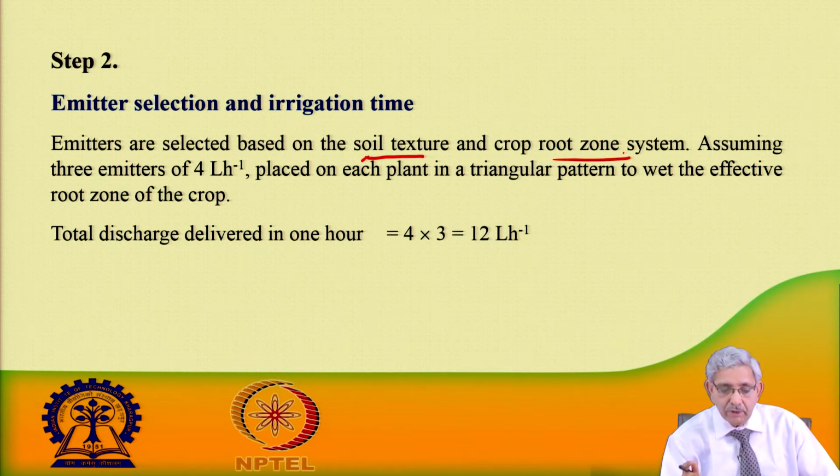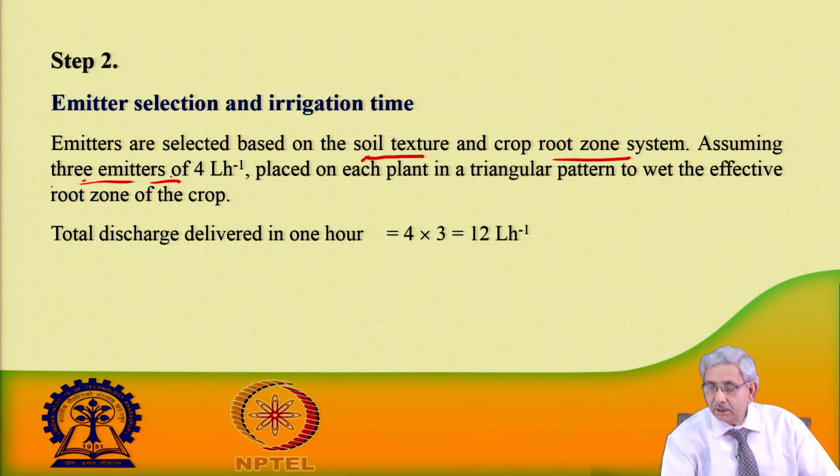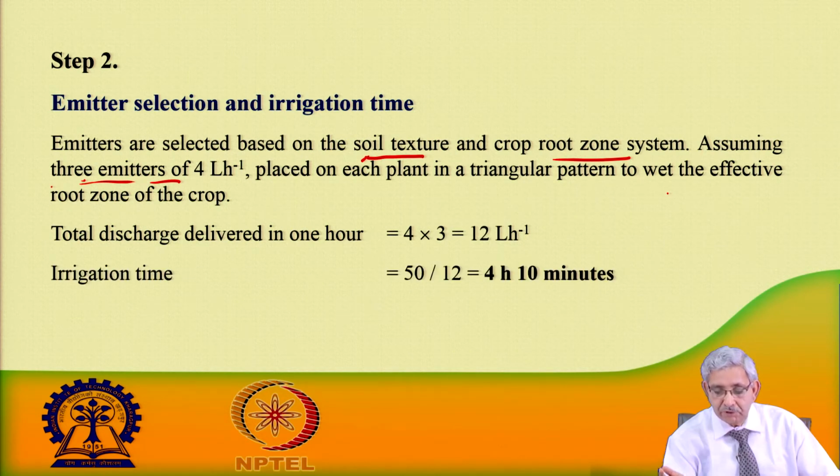So, we have selected 3 drippers placed in a triangular pattern, so that the effective root zone area of the crop can be wetted. Three drippers of 4 liter per hour will deliver 12 liter of water in 1 hour. So, to give 50 liter of water, it will require 4 hours 10 minutes.